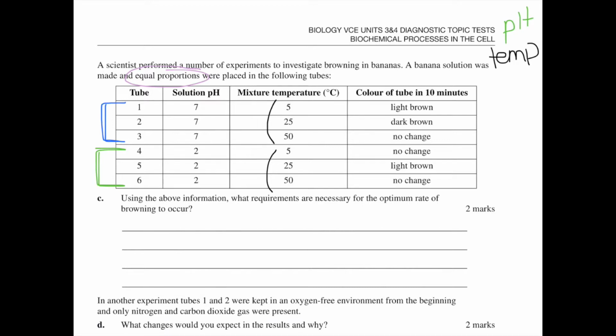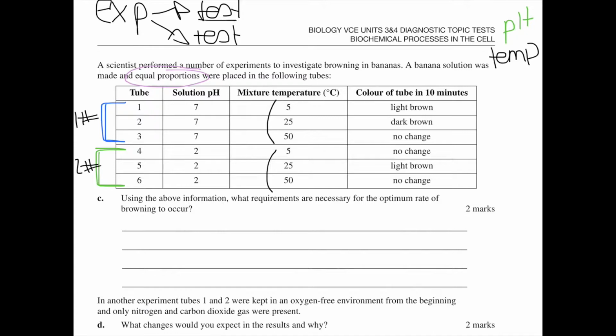Some of you might say to me that you're only supposed to have one independent variable. That's correct. So what they've done is, within an experiment, you can have different tests. So this might be test 1, this might be test 2.